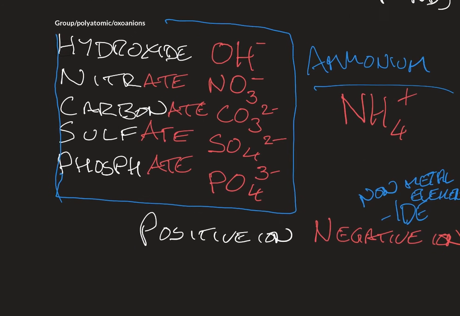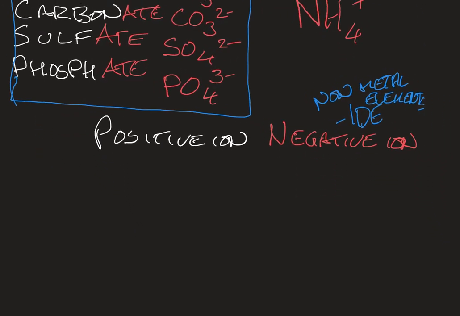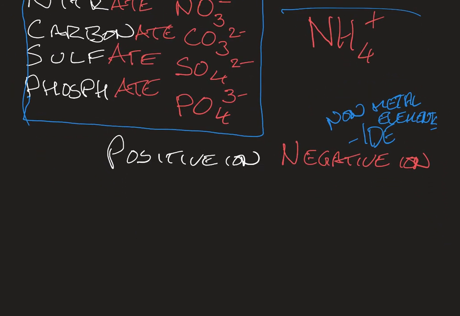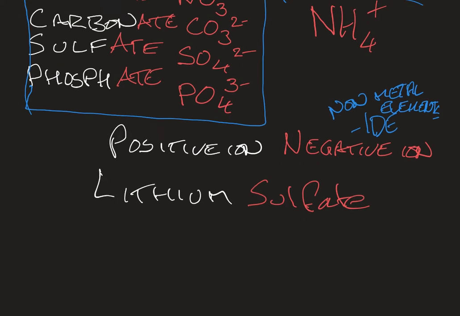So if we want to have an example, I might have something like lithium, which is a metal, so it stays the same. And then if I chose one of these, maybe sulfate. And I do not use the IDE because it's a group ion.